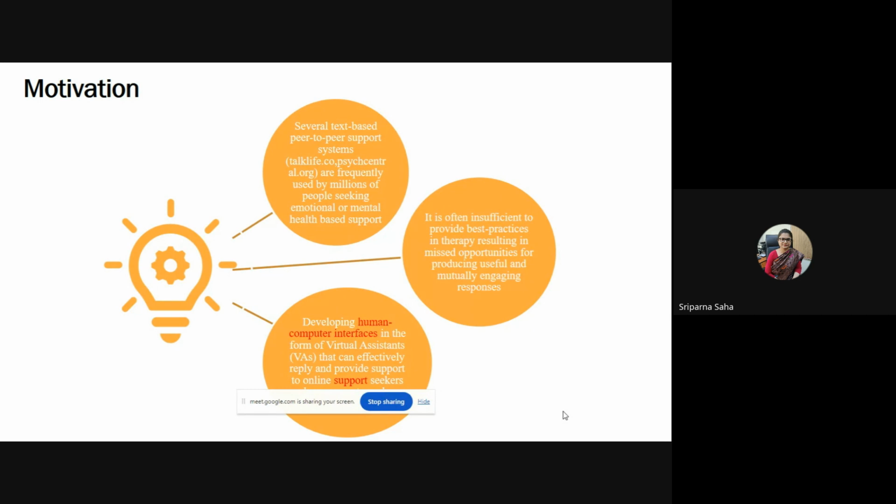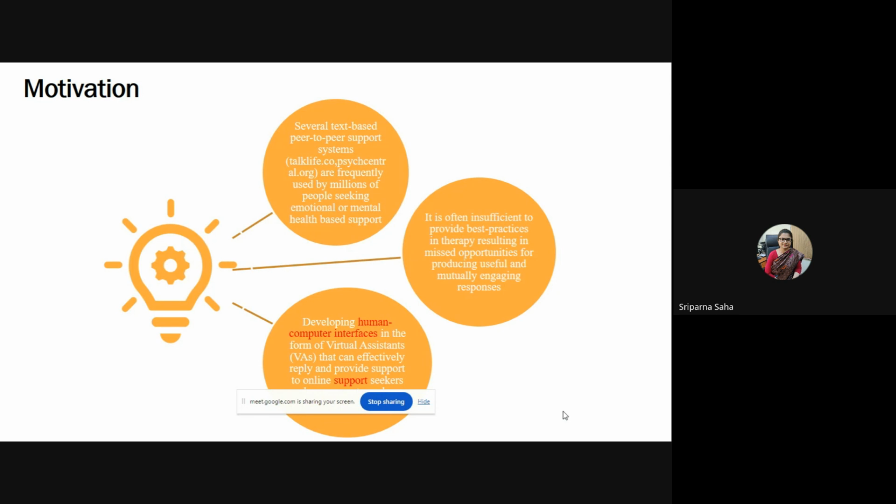So basically, several text-based peer-to-peer support systems are frequently used by millions of people seeking emotional or mental health-based support. But it is often insufficient to provide best practices in therapy, resulting in missed opportunities for producing useful and mutually engaging responses.